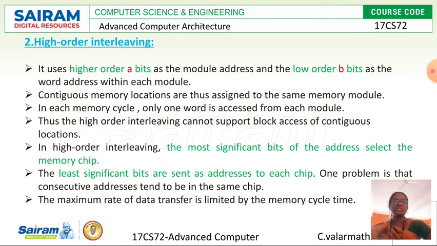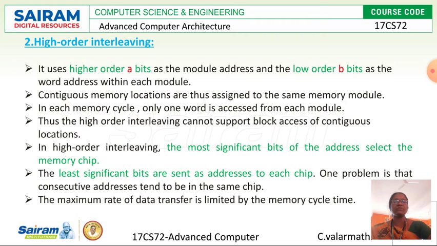The second type is high order interleaving. It is vice versa of the previous one, where in low order the lower bits are used for representing the module address. Here in the second case, higher bits, in the sense most significant bits of the address, are used for representing the module address, and low order B bits of representation are used for the word address, right?